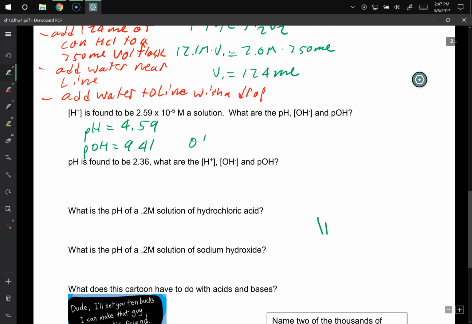And so that means I have a hydroxide ion concentration equal to 10 to the negative 9.41. Or, if you prefer, you could say 3.86 times 10 to the negative 10th molar. Either of those are fine.